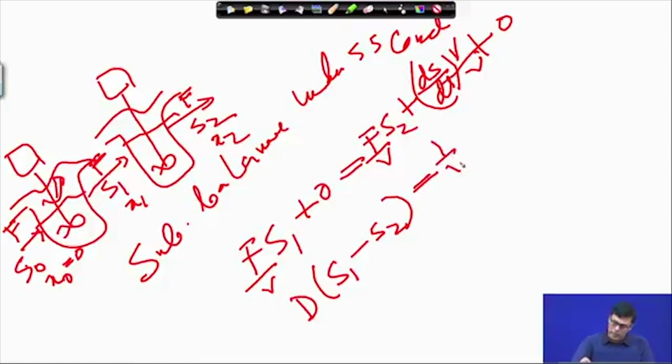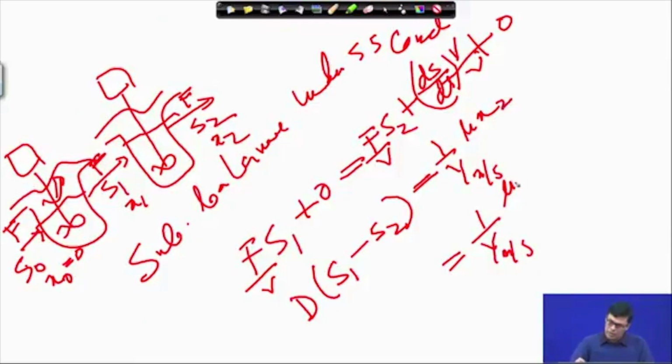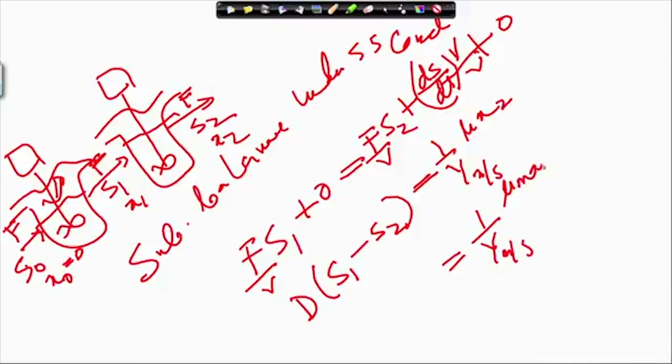This is equal to 1 over Yx/s times mu times x2 for the second reactor, am I right? Then mu is mu max S2 over Ks plus S2, am I right?